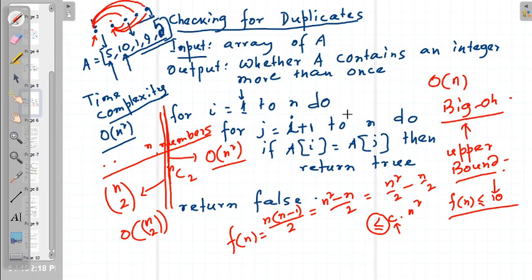Okay, so we were discussing Big O notation, or order of n in general, Big O of n. We have seen several different examples.